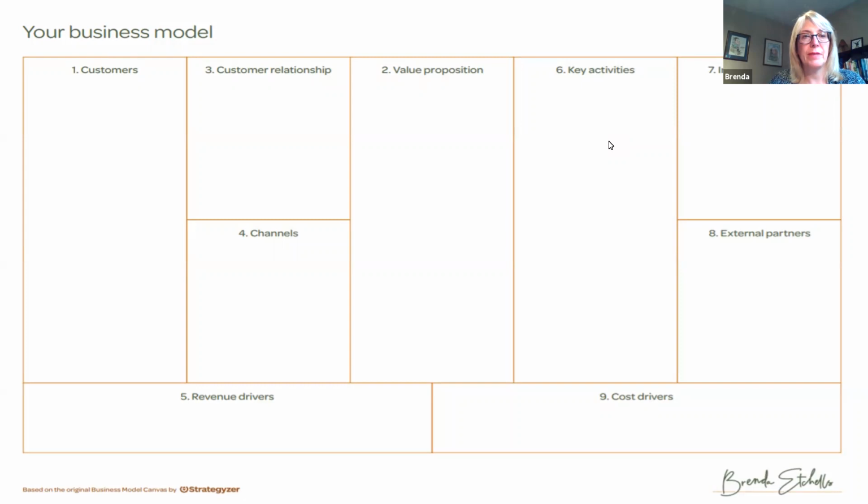So customers, is your business a B2B business or is it B2C? So are you selling something to other businesses or are you selling direct to the end consumer? Some business models have an element of both. Are you targeting mass market with your products?